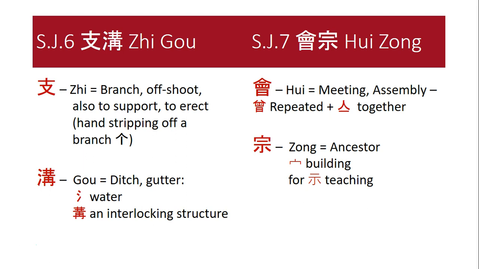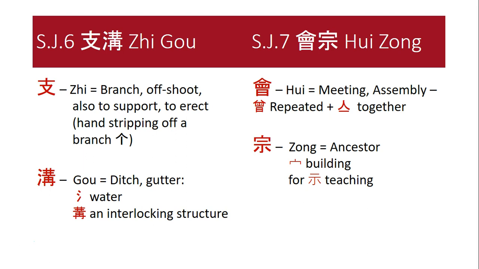And my guess is that it somehow has to do with the small intestine, mostly because the character Jie, to branch or to support, which appears in Sanjiao 6, only appears once in another point, and that is small intestine 7. And the character Zong in Sanjiao 7 appears only in small intestine 11, Tianzong.